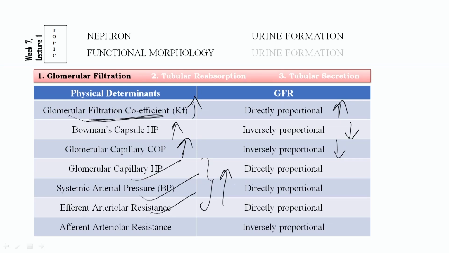That means if these increase, then the GFR increases. Then the afferent arteriolar resistance, if it increases, then it decreases the GFR.